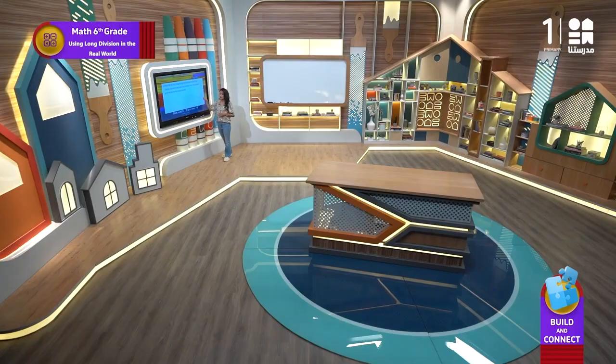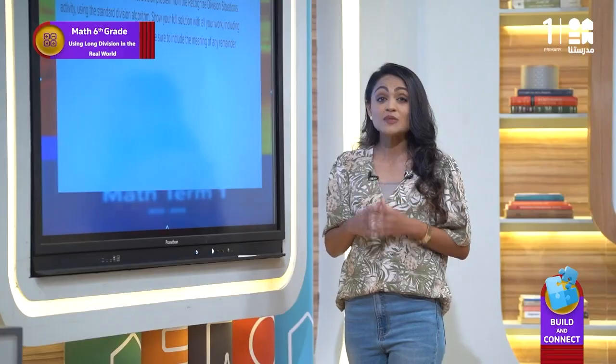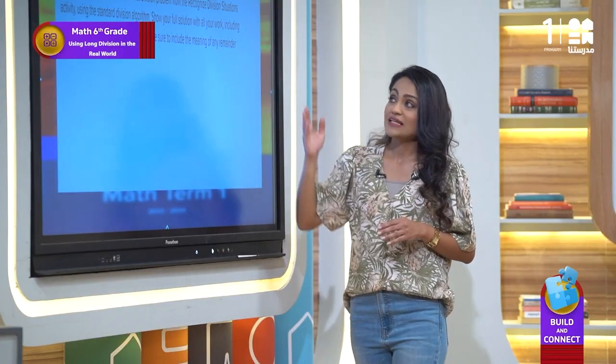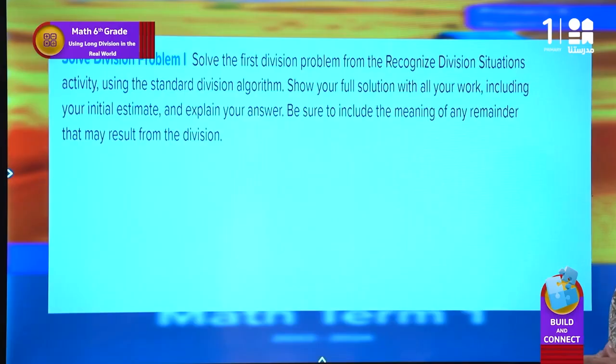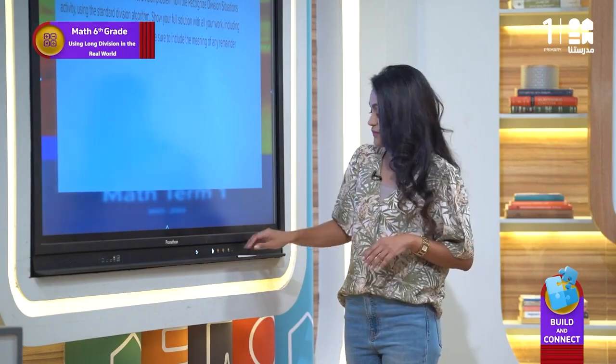In the first situation, we will get how many hours each of 78 volunteers worked out of the total 9,689 hours. This means that we will divide 9,689 by 78.